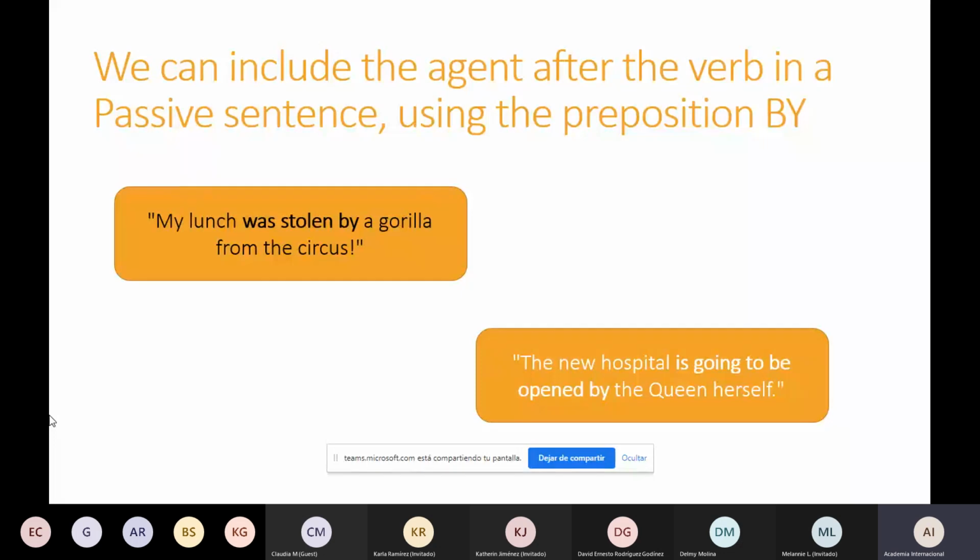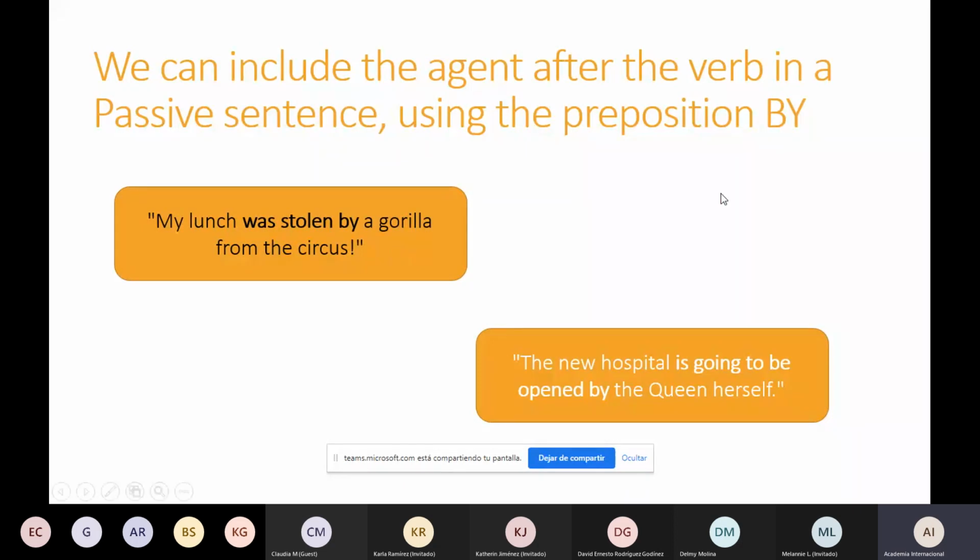Si queremos mencionarlo, entonces va a ir esa palabra que en español es por. My lunch was stolen by a gorilla from the circus. Y aquí digo mi almuerzo fue robado por y ya agrego quién fue el hechor de esta acción. By a gorilla from the circus.